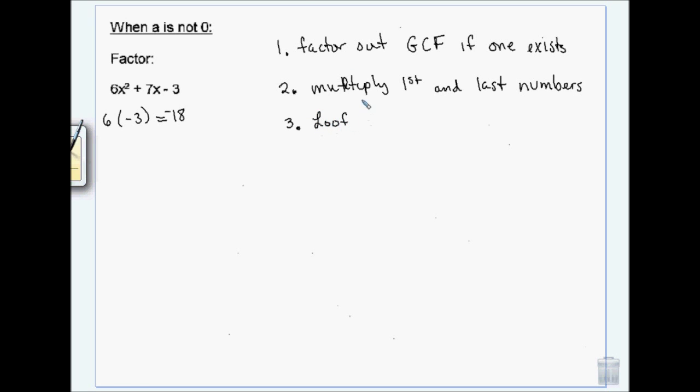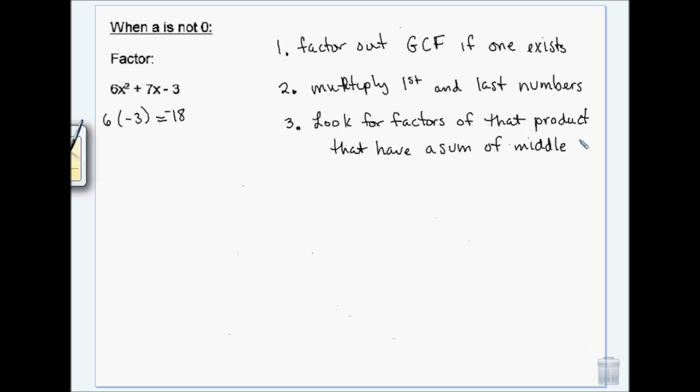And then I'm going to look for factors of, wow, I can't write today. So now I'm going to look for factors of negative 18 that are going to have a sum of 7.